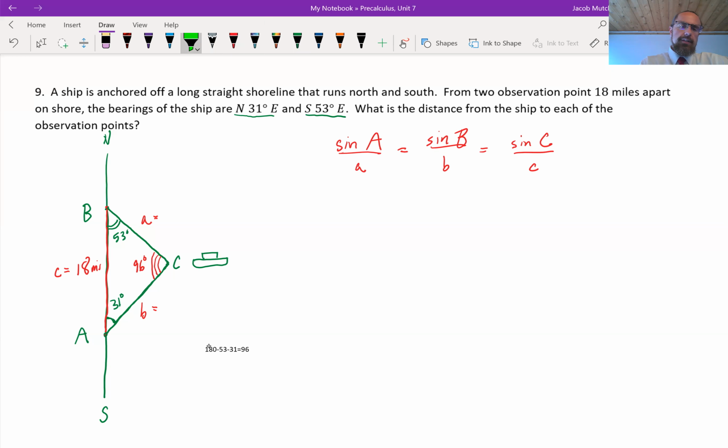And what I see is that I've got side C, 18 miles, angle C, 96. So I want to start with sine of C over C. And we'll solve separately for A and B.